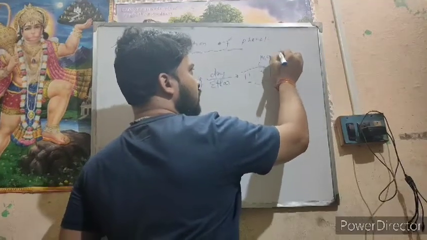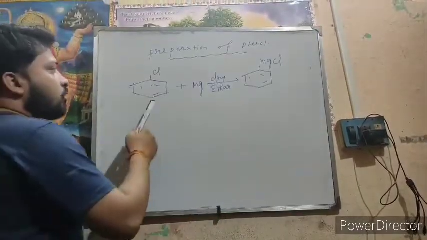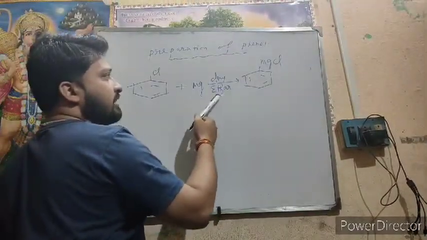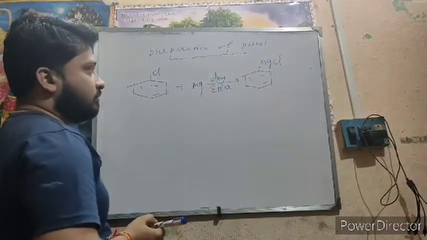When chlorobenzene is reacted with Mg in dry ether, you get MgCl, the Grignard reagent.